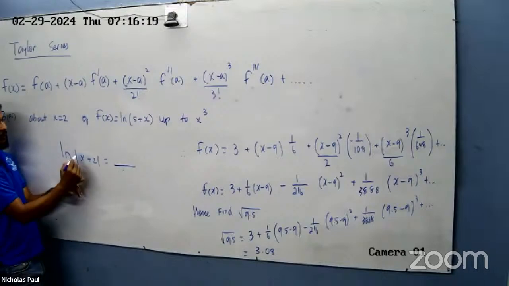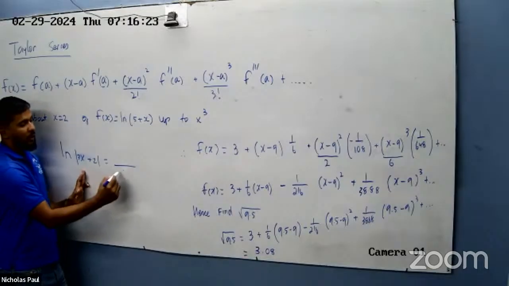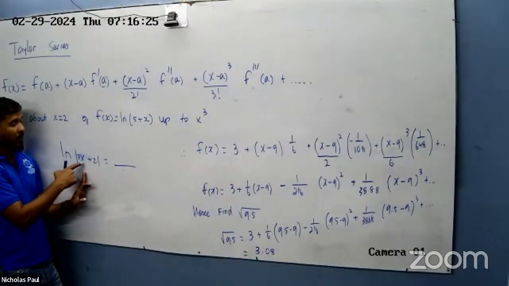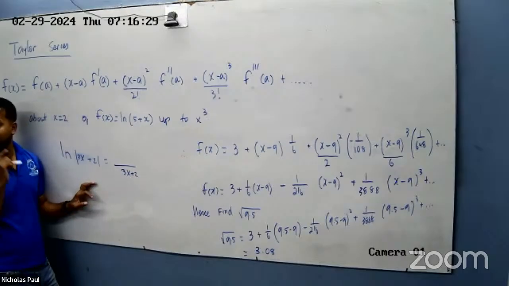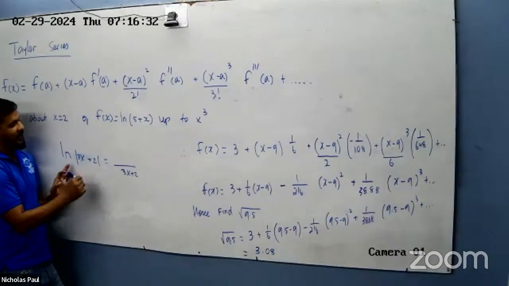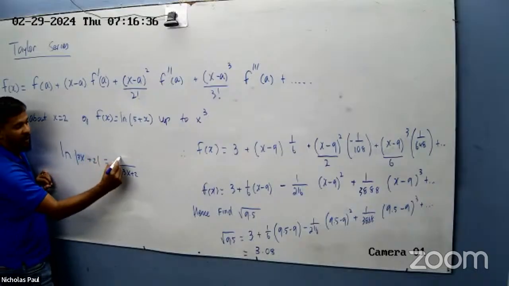Let's change it: 3x plus 2 is the denominator, and the numerator is the differential of this.